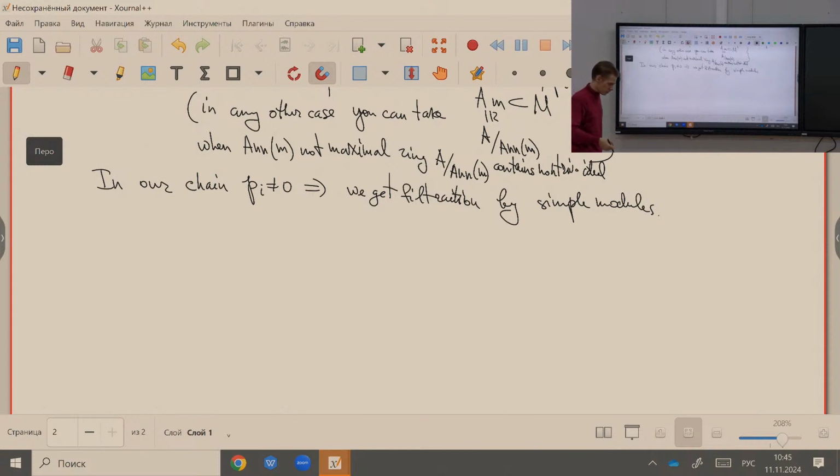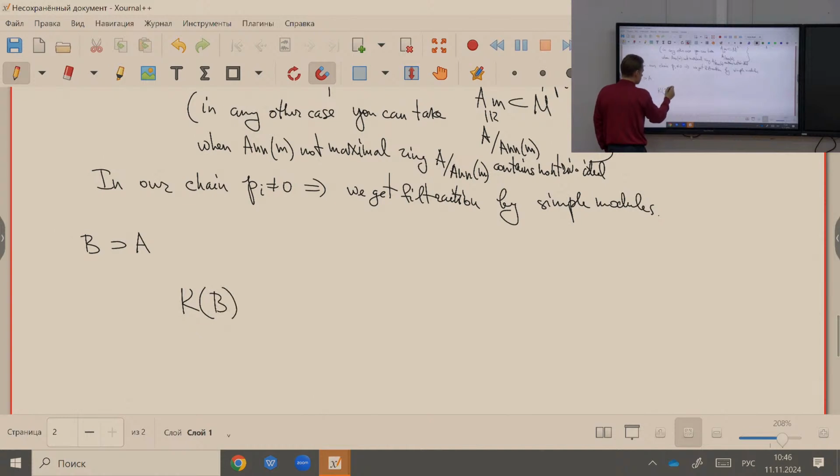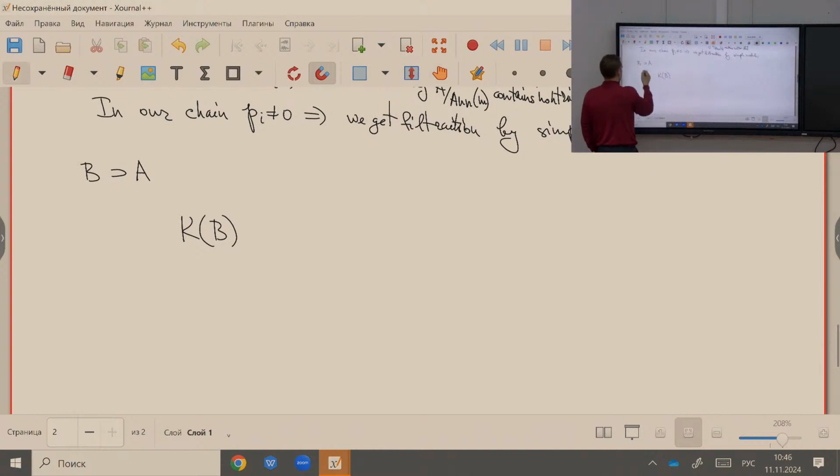I mean, in arbitrary setting, but of course here in our case, the situation is also simpler. So now you can take two rings, and we have maps between K groups, actually in two directions.